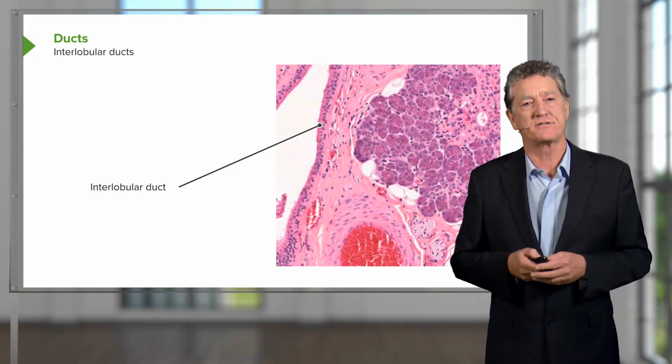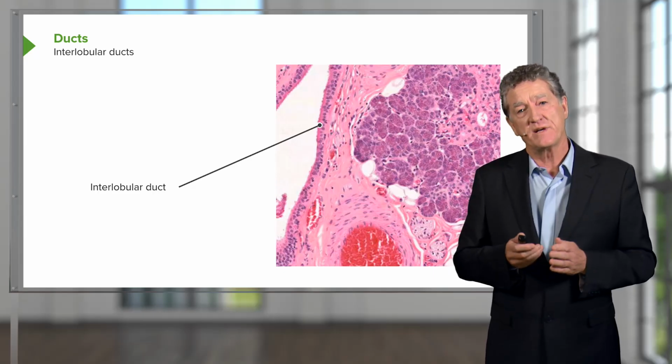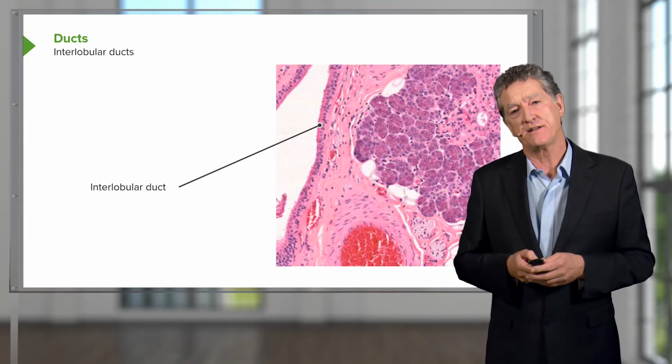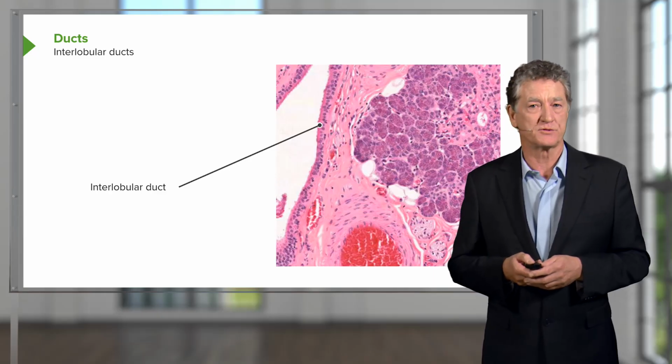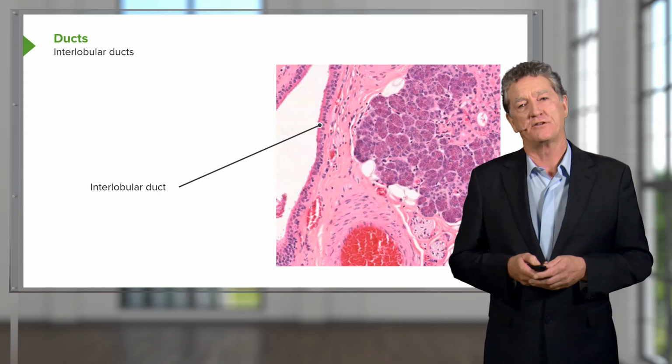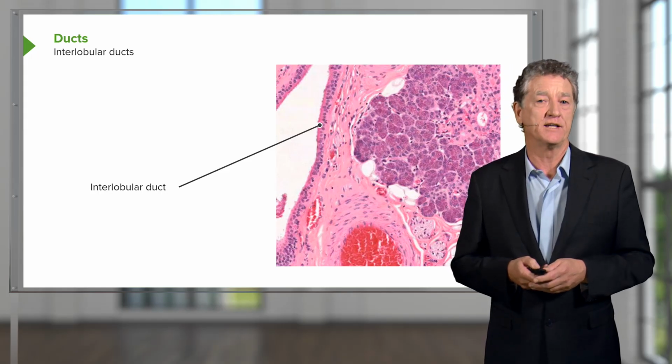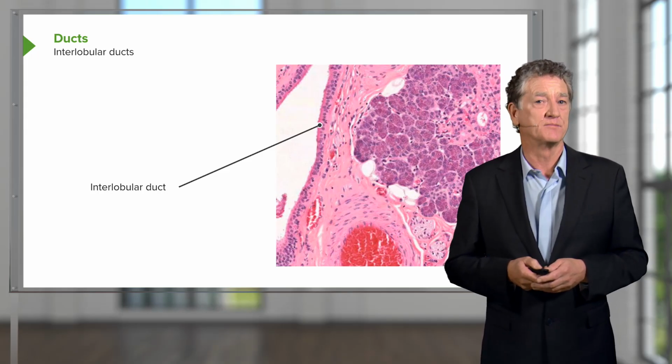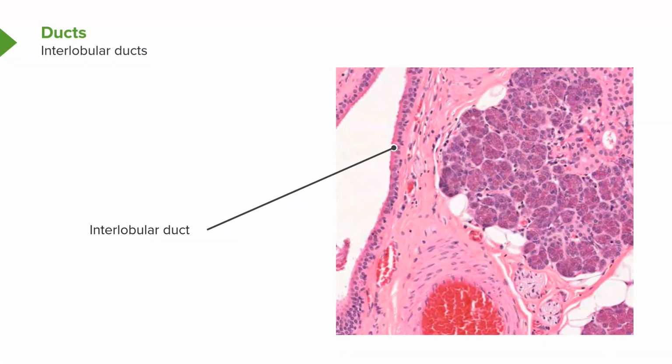So that indicates that that connective tissue is dividing the gland into different lobules. Down below, that structure that has a reddish colour in the middle happens to be a blood vessel. Normally, as I said earlier, blood vessels and ducts accompany these connective tissue septa, separating lobules from each other.